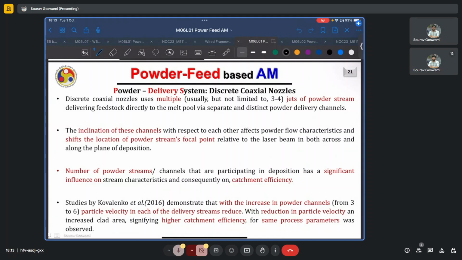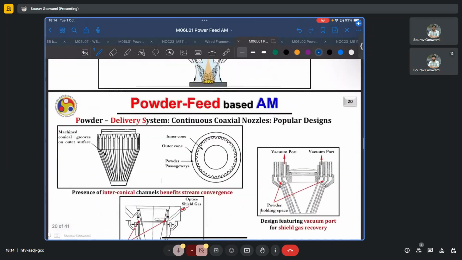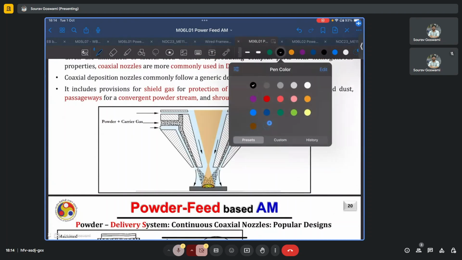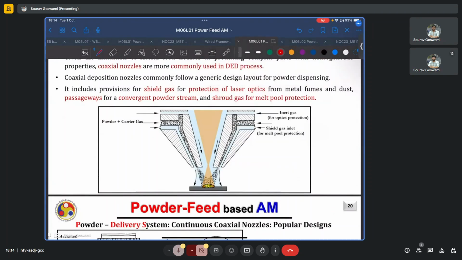We were last discussing discrete coaxial nozzles. That is, you have multiple nozzles around the sides, which feed the powder into your region of interest where you want deposition to happen, and your energy source, the laser in this case, is coming from the center.